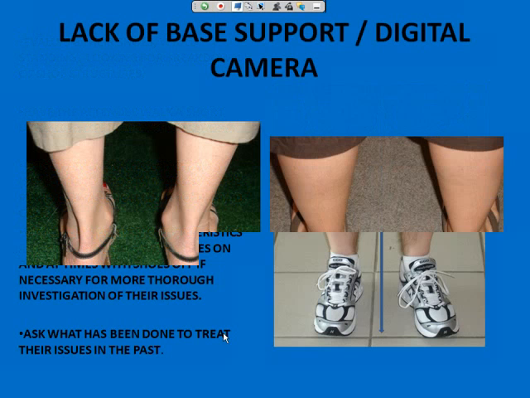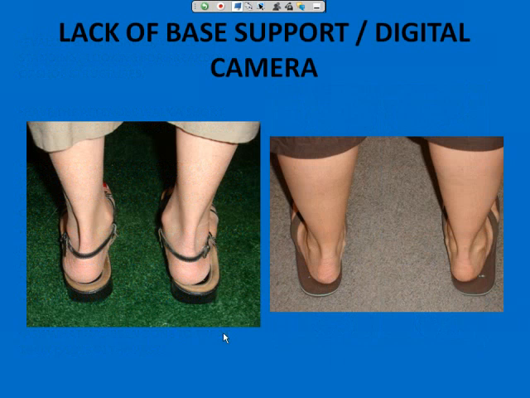Also, at the expo that I attended here, this is a Diabetic Educators Expo where we had a booth, and I did give a presentation. After the presentation, I was at the booth and did complete one-on-one analysis and footwear evaluation.